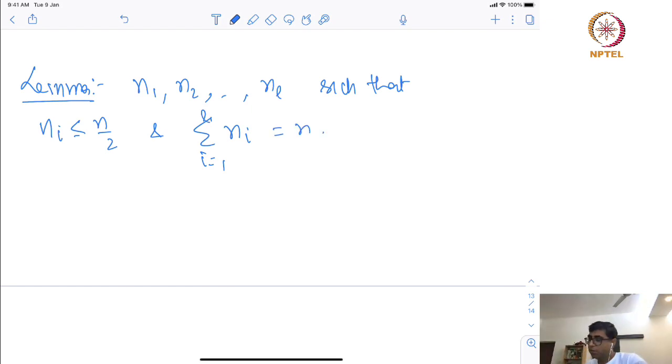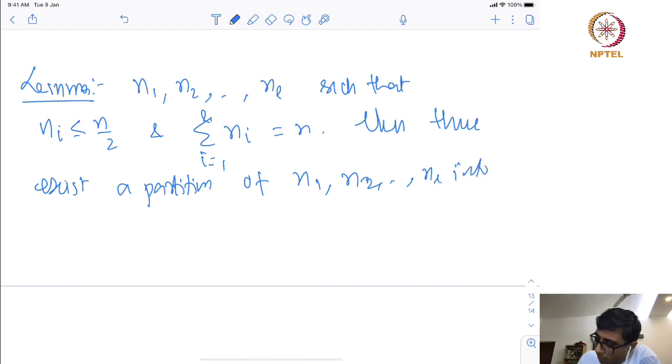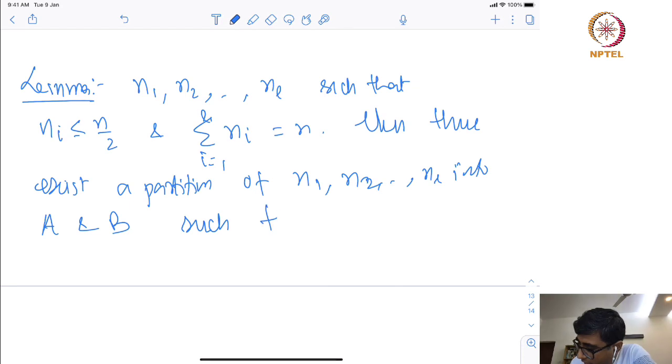Then there exists a partition of n1, n2, up to nl into A and B, such that, what is the property?